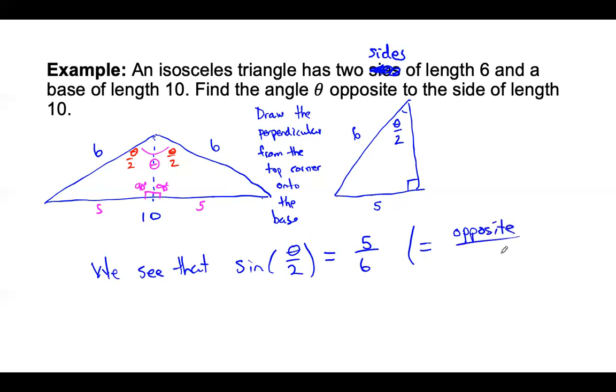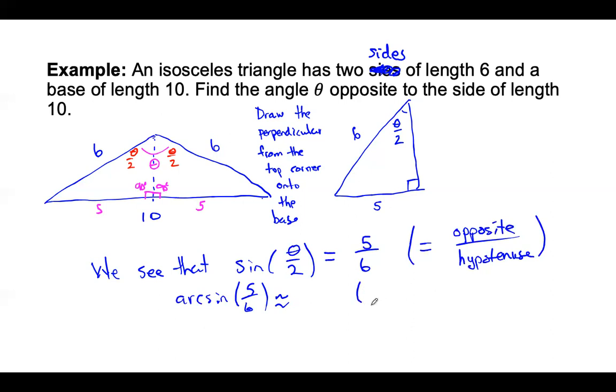Let me just write it down. So then we just calculate this, right? Almost. So essentially, the arc sine of 5 divided by 6 is equal, we have to use a calculator here.